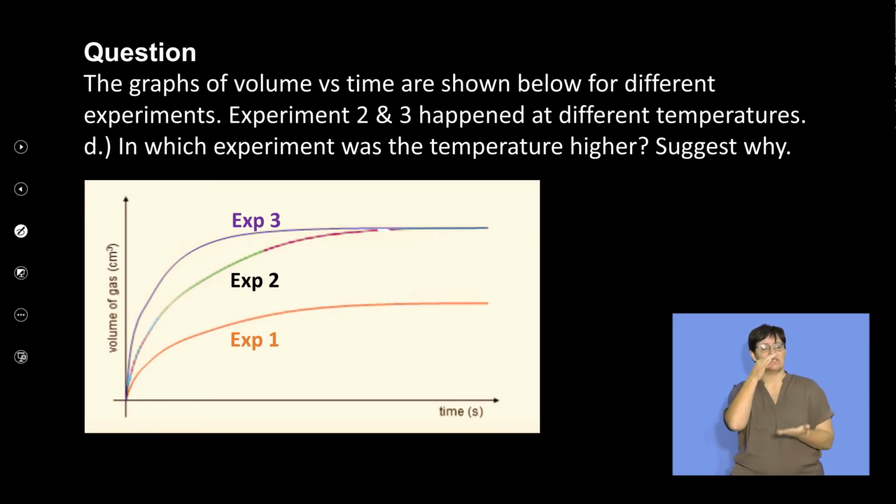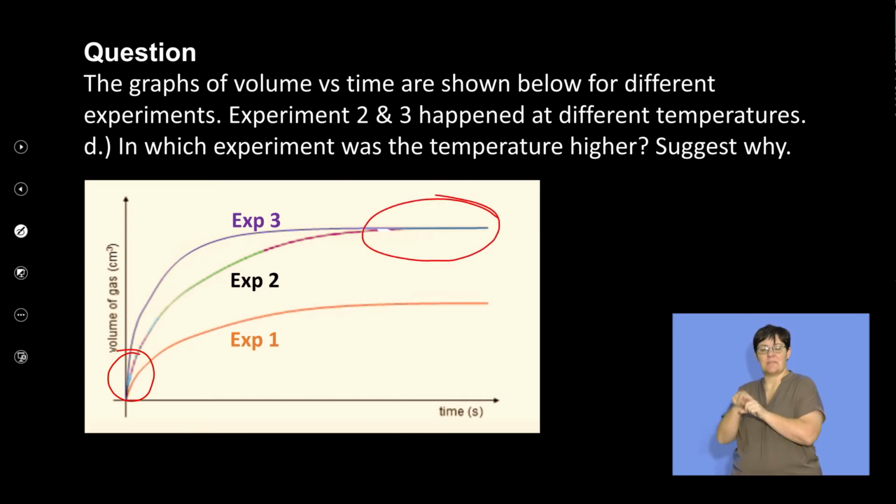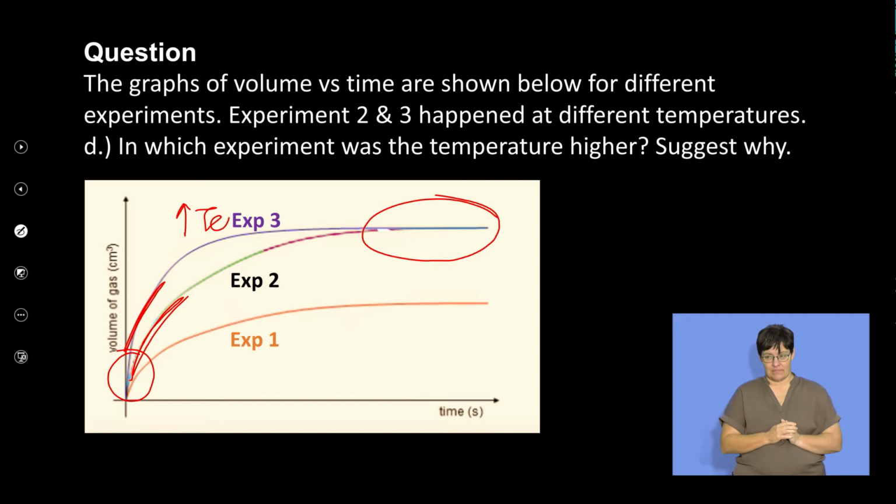And you must suggest a reason why. If you look at experiment 2 and 3, we started with the same reactants and we ended with the same product. But because experiment 3 is much steeper in the beginning compared to experiment 2, experiment 3 will obviously be at a higher temperature.